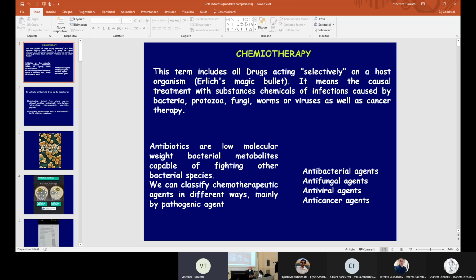So, in medicinal chemistry, the chapter of chemotherapeutic agents is very wide because we have antibiotics, antiprotozoa, antifungi, anti-cancers, antiviruses, and so on.